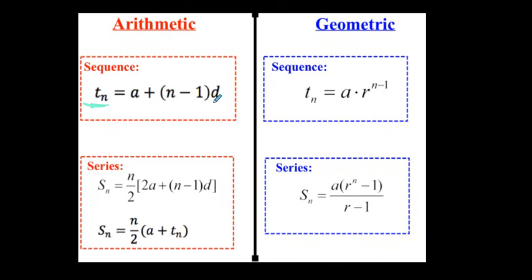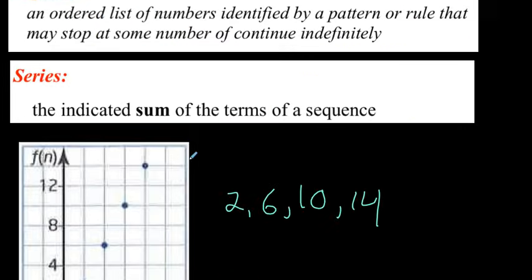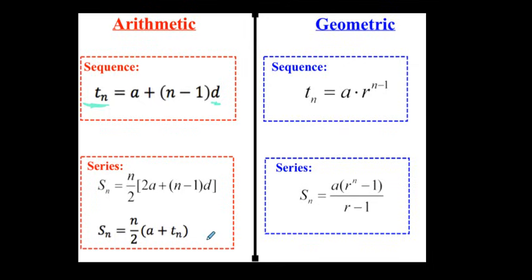Arithmetic sequences have a common difference, right? They go up by the same amount each time. Like this one, it went up by 4 each time, so we'd say that's an arithmetic sequence. It has a common difference. To get any term, you take your first term a, and you add the common difference n minus 1 times.